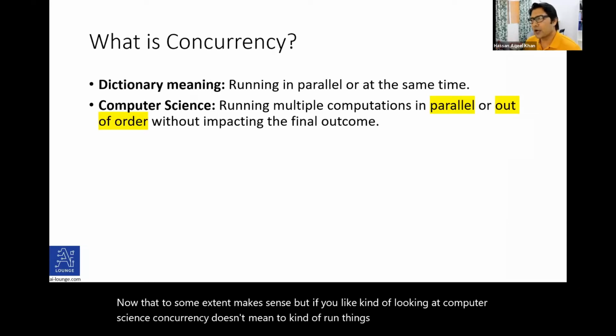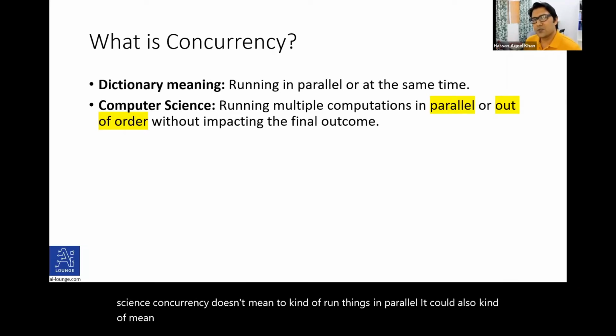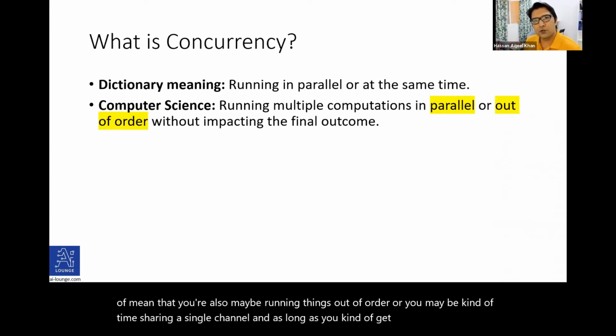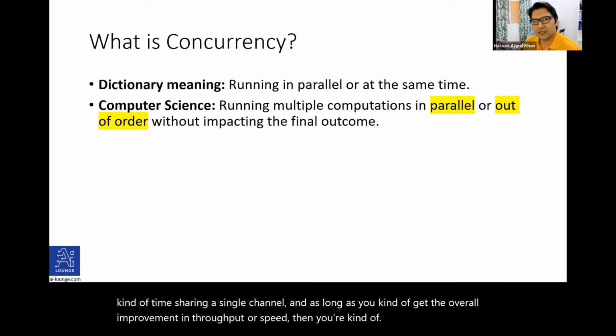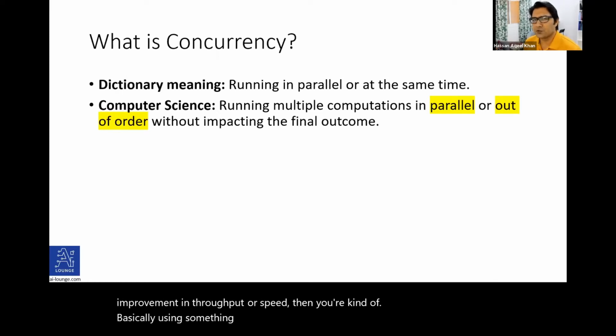It could also mean that you're running things out of order, or time sharing a single channel. And as long as you get an overall improvement in throughput or speed, then you're using something called concurrency. So concurrency would not be just running things in parallel.